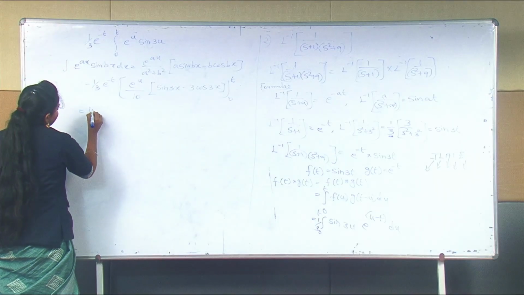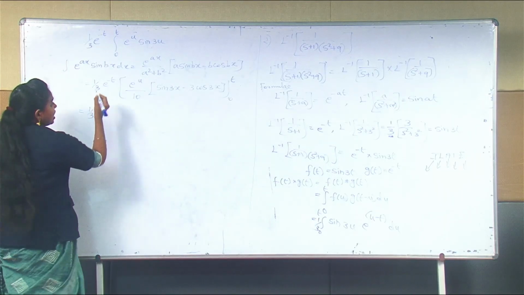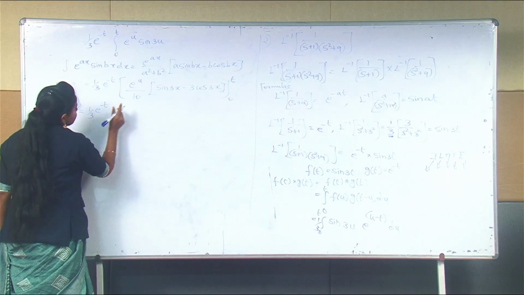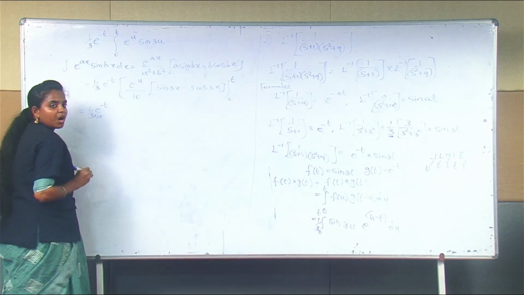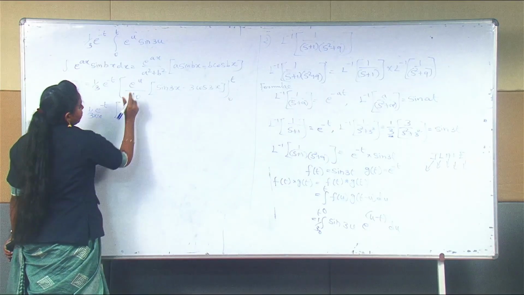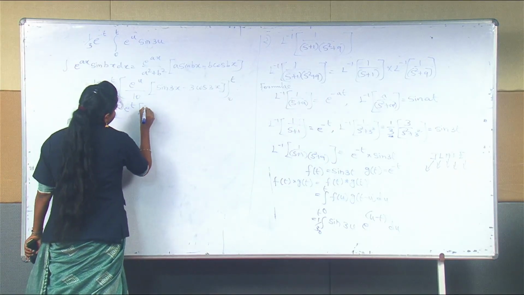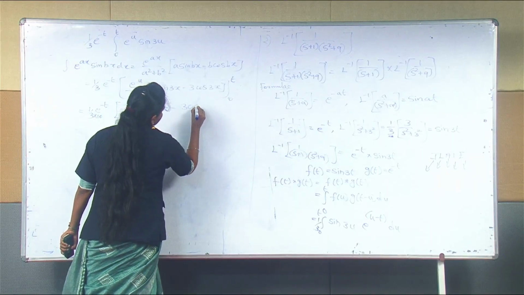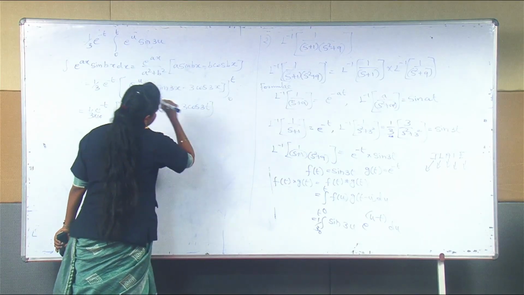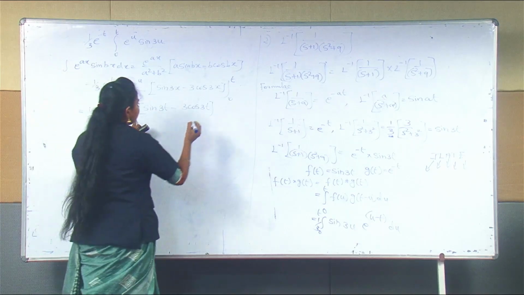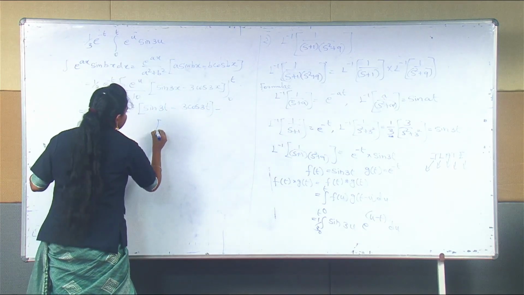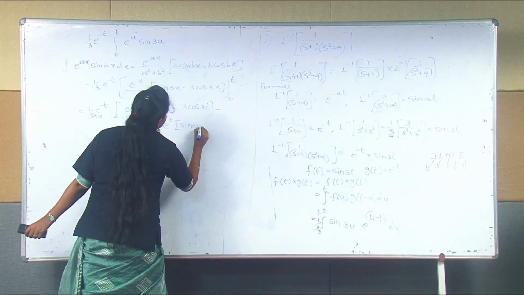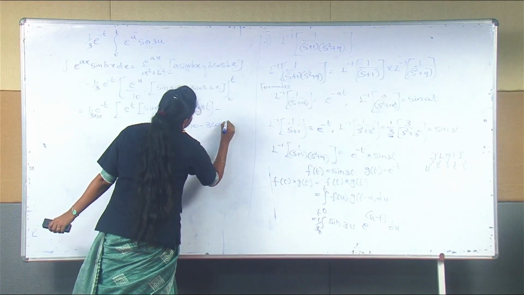When you are substituting the upper limit, what will you get? This factor is constant, so I am just taking this 10 also outside. Here e power t into sine 3t minus 3 into cos 3t. Substituted upper limit. Now go for the lower limit. Lower limit means e power 0 into sine 0 minus 3 cos 0.